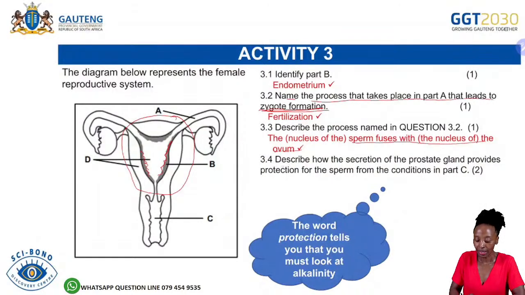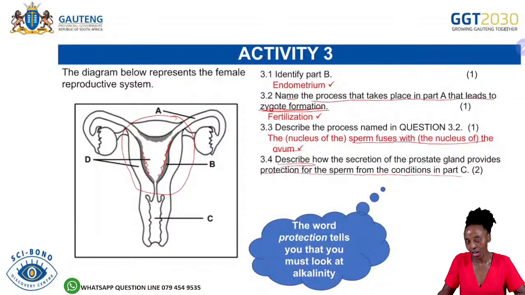Okay, we have endometrium, we have fertilization, and the nucleus of the sperm fuses with the nucleus of the ovum. Then describe how the secretion of the prostate gland provides protection of the sperm cell in condition C. Remember I said there's three things in the secretions: there's nutrients, there's mucus, there's alkaline. Out of the three, which one provides protection?